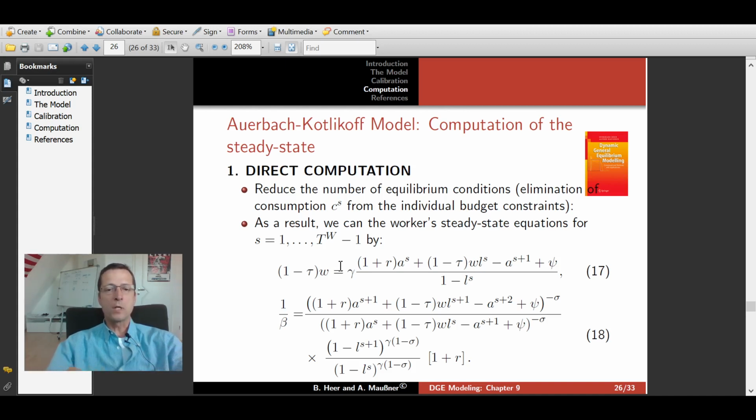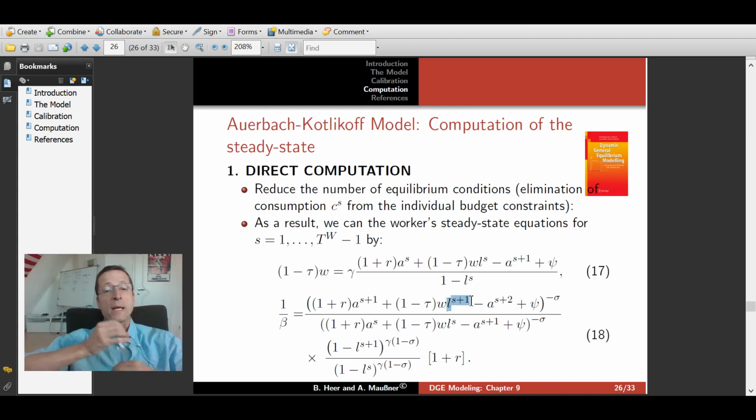So for the worker, we have to solve a problem of two unknowns and two nonlinear equations, 17 and 18. And the two unknowns are the labor supply LS and the present wealth AS for given next period value of the wealth AS plus 1 and next period value of labor supply LS plus 1.